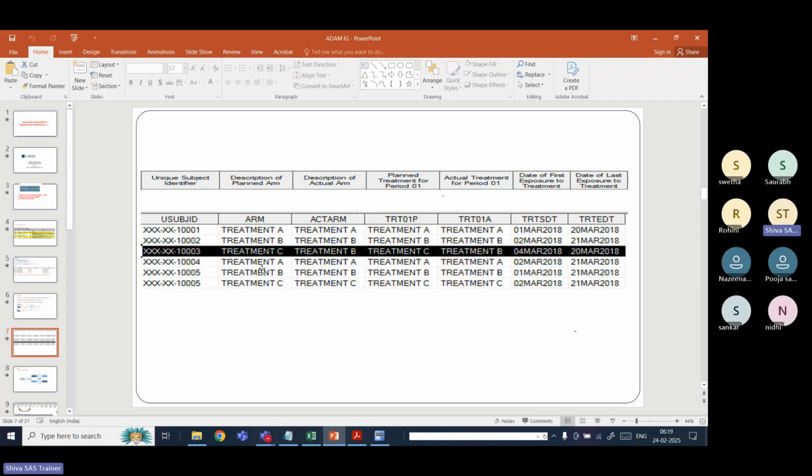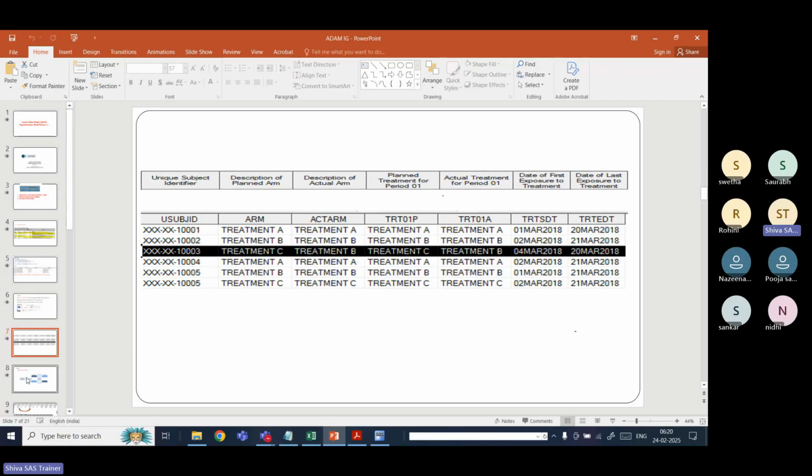So for this third subject you can see we are planning C drug, but due to oversight or mistakenly the subject is taking treatment P. Okay. So plan is nothing but what we are planning before giving the drug, as per the randomization schedule, and actual is what the subject is actually taking after completion of the dosing process.